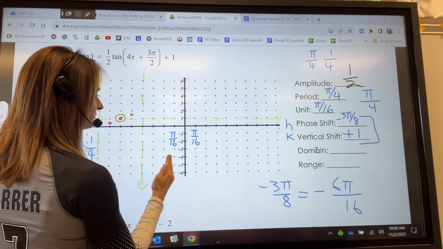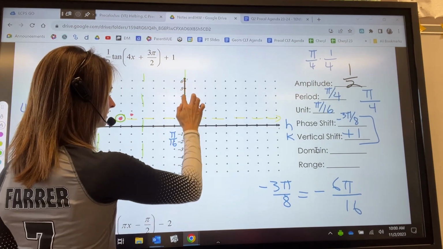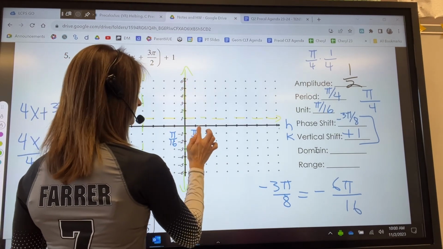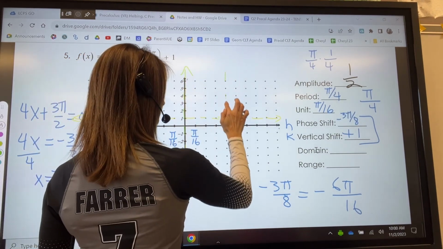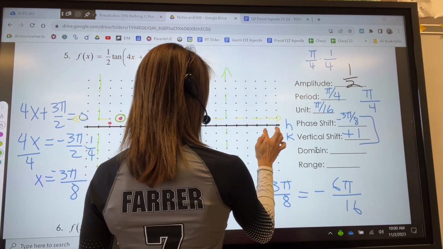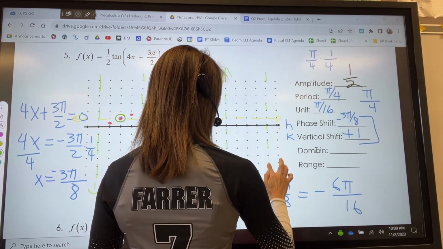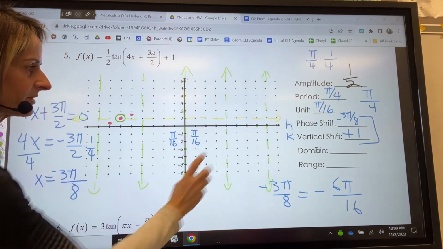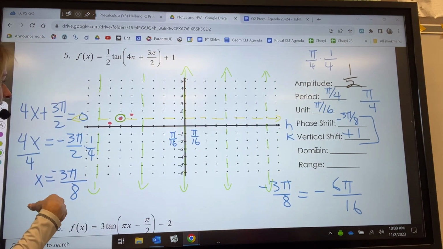So 1, 2, 3, 4. Okay, we'll do the domain and range after we get the graph.